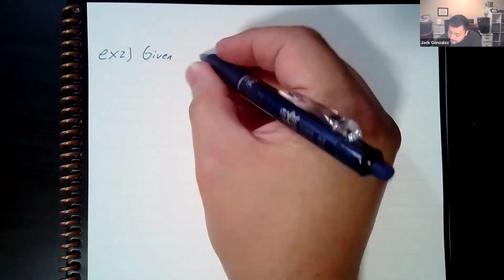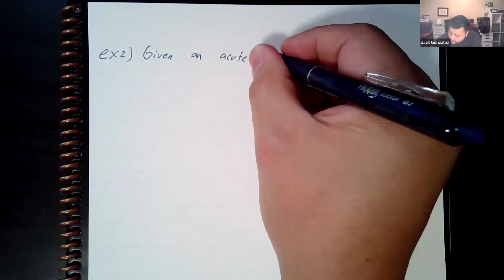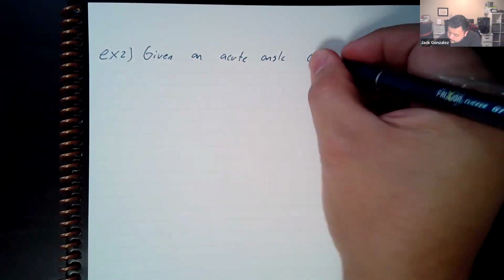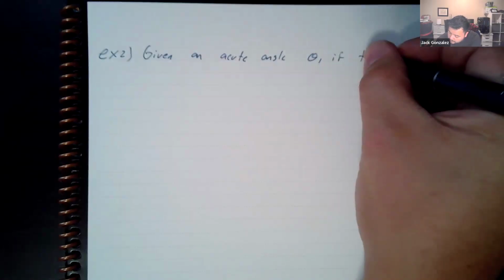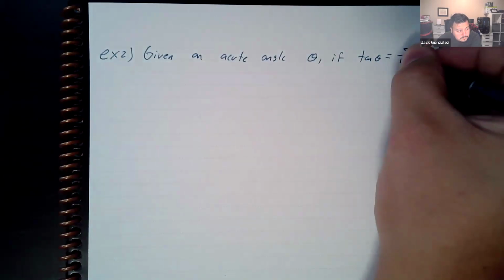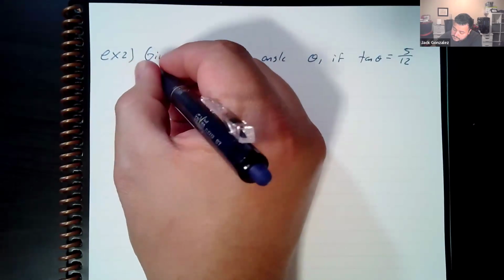So given an acute angle theta, if tangent theta is equal to 5 over 12, find secant theta.